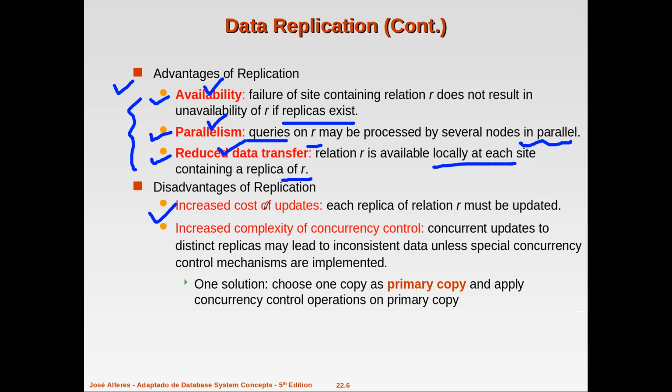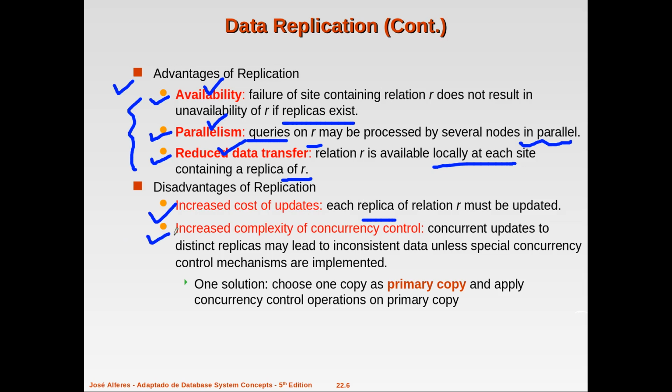Even if we have replicas available, we consider them as a single relation or single fragment. So if one of the sites with that replica updates some data, the same update must be reflected on the other replicas also. So that is not an easy task, which is a disadvantage of using replication.